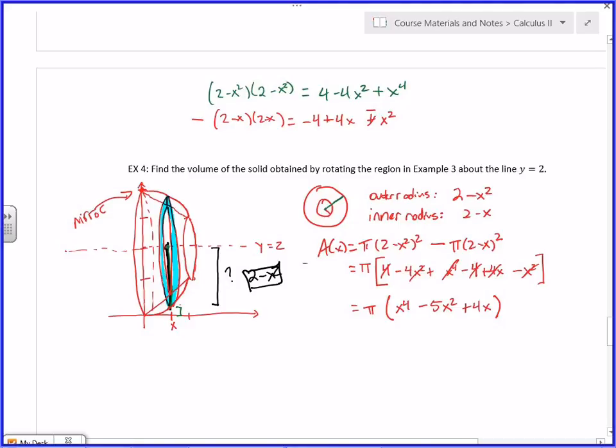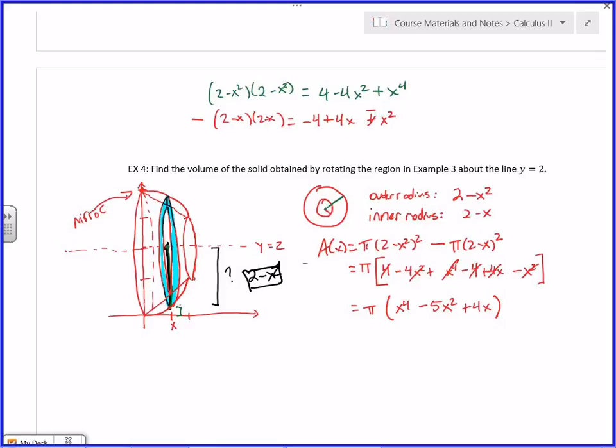Then I multiplied out 2 minus x quantity squared, which gave me 4 minus 4x plus x squared, and then when you bring in the minus, you distribute it, you get minus 4 plus 4x minus x squared. So start with the x to the highest degree term, x to the 4th. Then the next highest, x squared, I got a minus 4 and a minus 1, gives me minus 5x squared. And then I've got just the plus 4x, no other x's, and then this positive 4 and this minus 4 cancel.